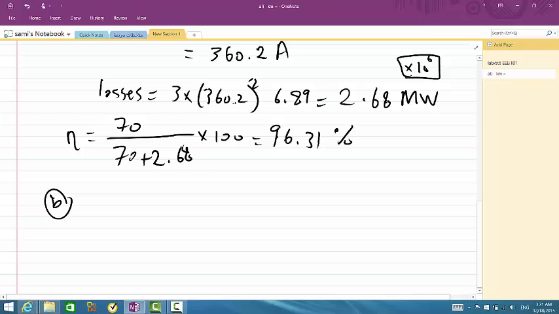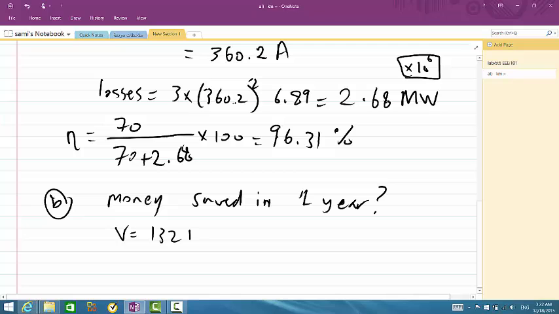To solve B, which is to calculate the money saved in 1 year, we need to find that by increasing the voltage from 132 kilovolt up to a voltage level of 220 kilovolt.